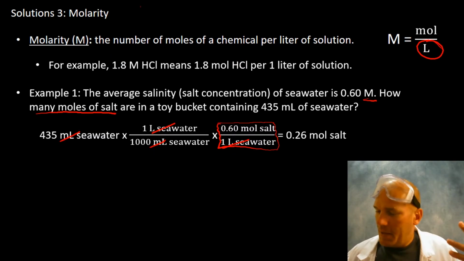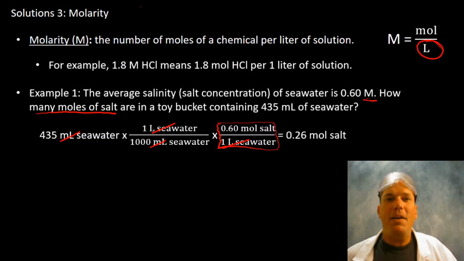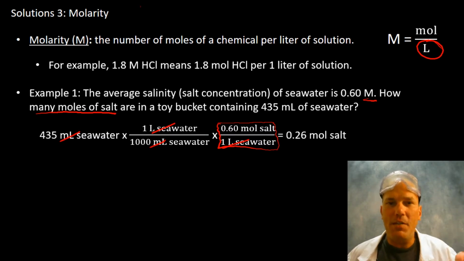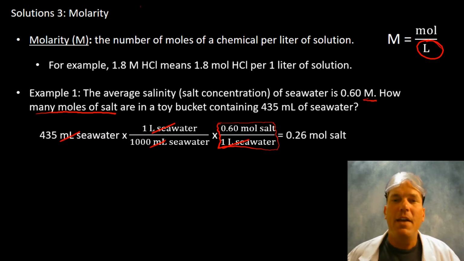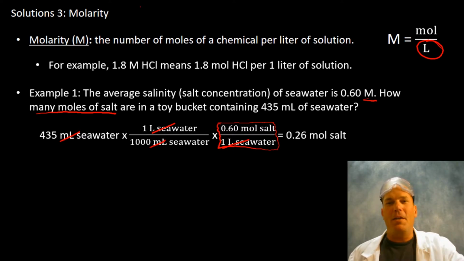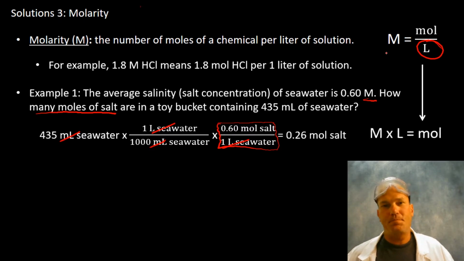Now, you can also just say, I'm going to take 435 in my head and bump the decimal 3 spots to the left to give me 0.435, and then multiply that by the molarity. Let me show you something. If we rearrange this, we get this.